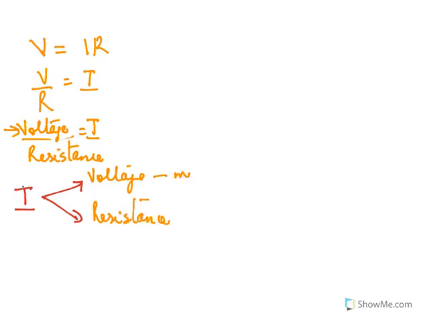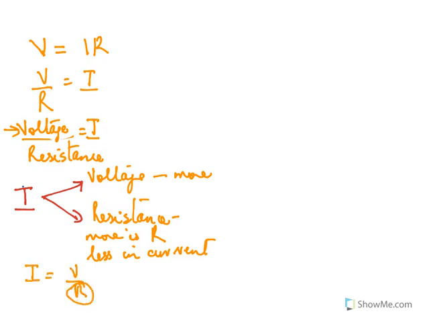So the more the voltage, the more the current, but for resistance, the more the resistance, the less the current. Because we know I equal to V over R. The more the R, the greater the denominator, the less will be the fraction. So this is inversely related.